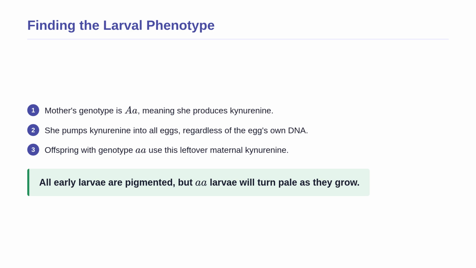The final answer is that all early larvae are pigmented. However, as these lowercase aa larvae grow into adults, they will eventually use up the maternal kynurenine and, unable to make their own, will slowly turn pale. This is a beautiful example of a transient maternal effect.